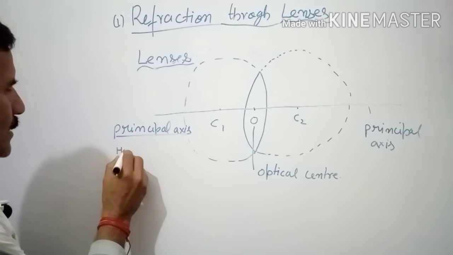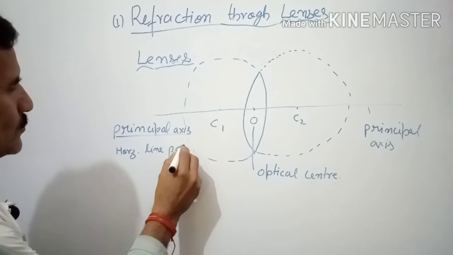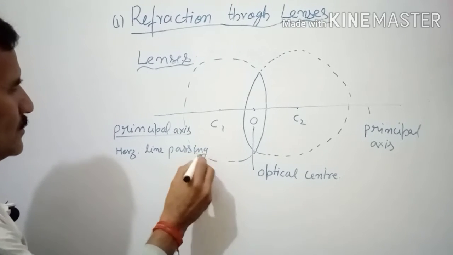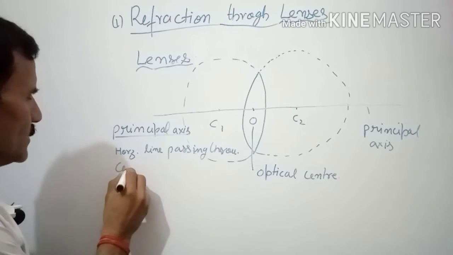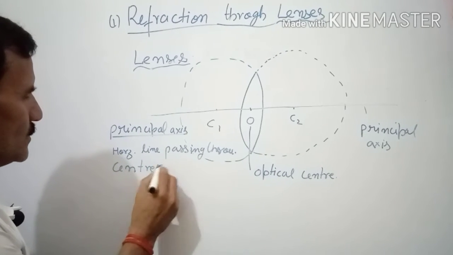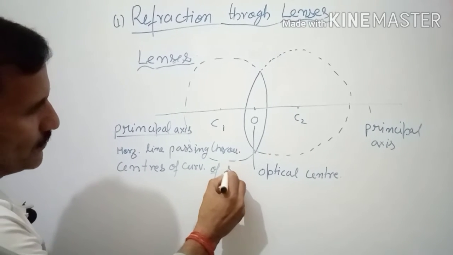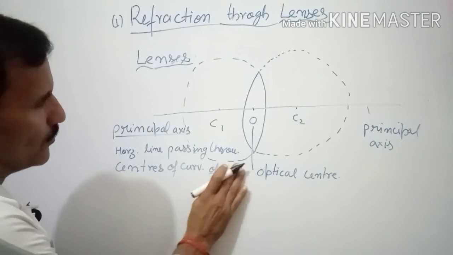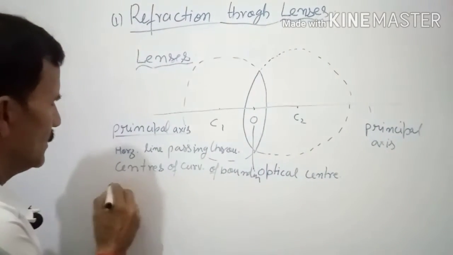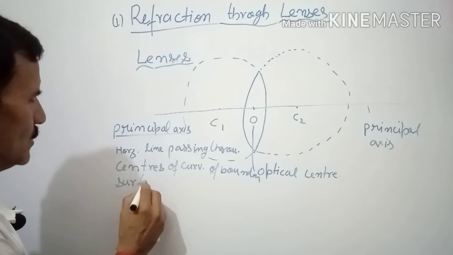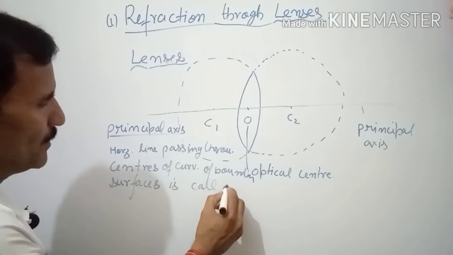The horizontal line passing through the centers of curvature of the bounding surfaces is called the principal axis.